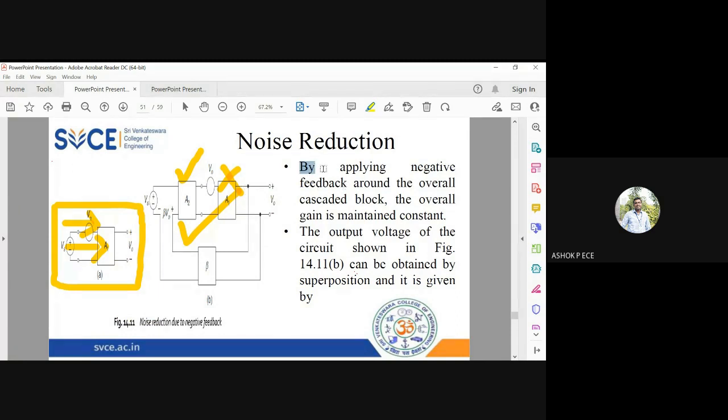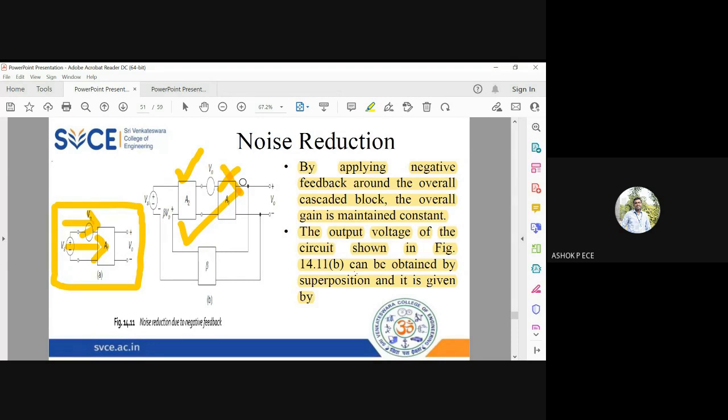By applying the negative feedback through the overall cascaded block, I am going to see what is the overall gain. I can calculate the output voltage by the superposition theorem. You have two voltage sources, and I want to measure Vout. I cannot find that when both sources are simultaneously active. You have studied the superposition theorem.